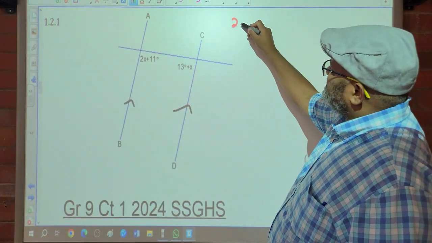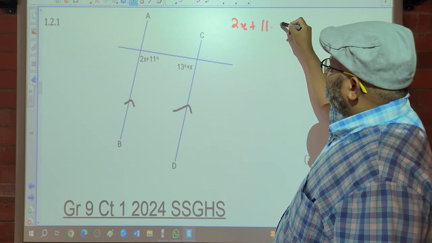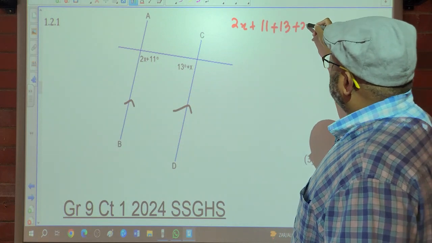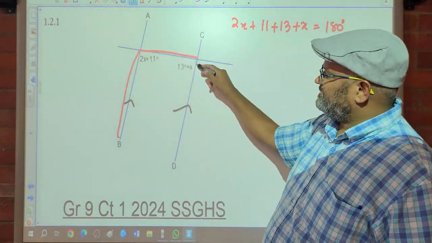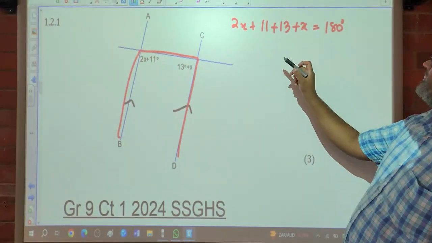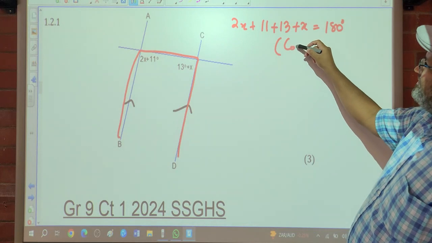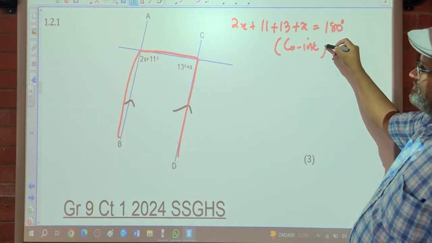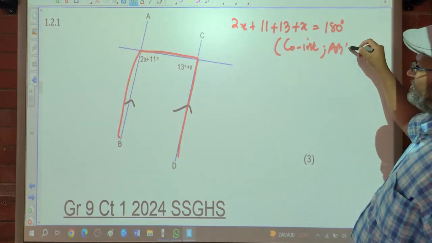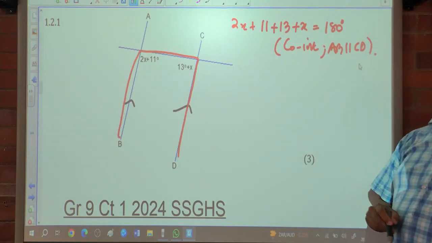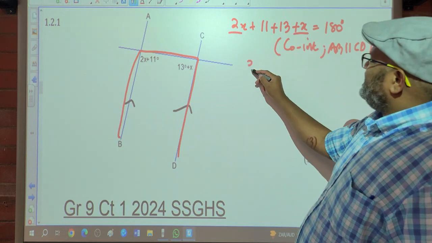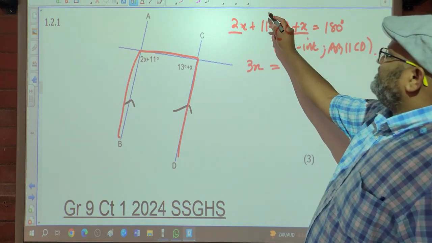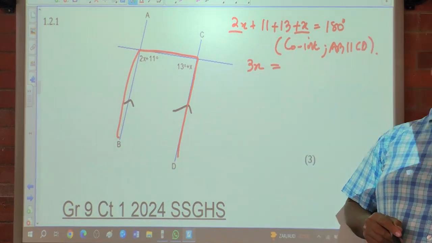Co-interior angles. So 2x plus 11 plus 13 plus x is equal to 180. Why? Co-interior angles, with AB being parallel to CD. So 2x plus x is going to give you 3x. 11 plus 13 is 24.